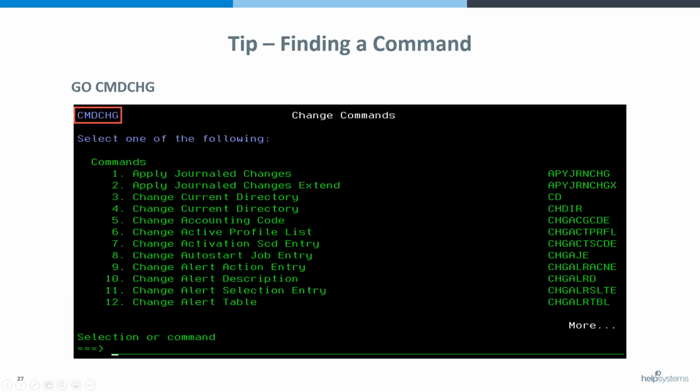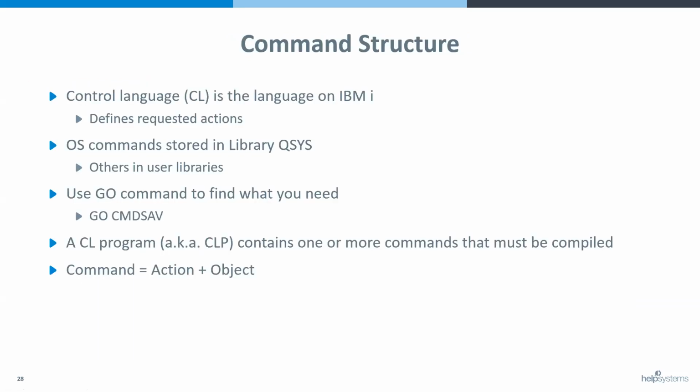So that's the command structure that we need to talk about next. The command structure is called CL, command language, on IBM i. Those commands are in the QSYS library generally, supplied by IBM, supplied by the operating system, but there are other commands.